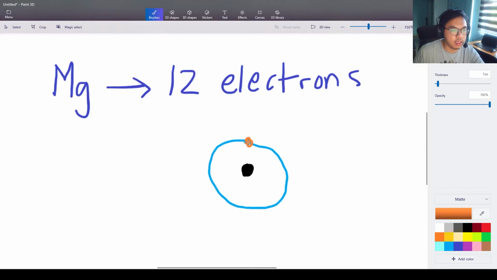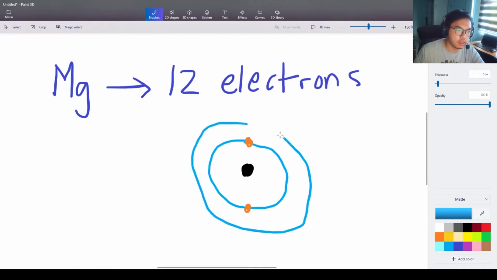So 1 and 2. Usually you cannot draw more because only 2 electrons can be in the first shell. If you want to draw the other 10, you have to draw a new shell. So that's the second shell.